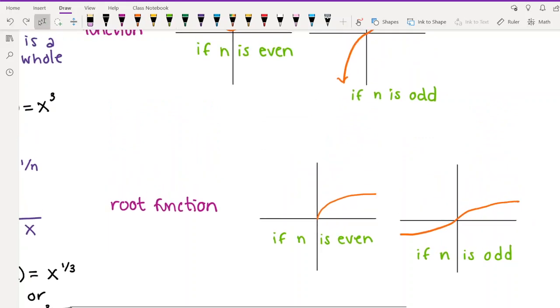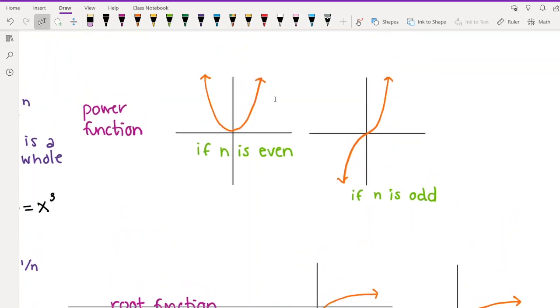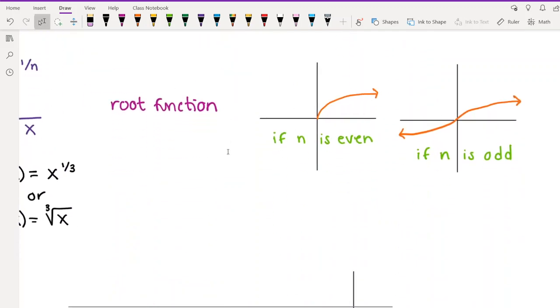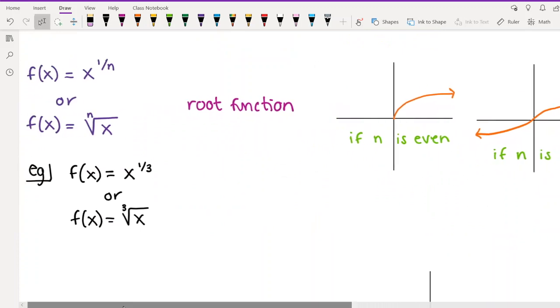Like I would expect you to be able to, like multiple choice, know what the graphs look like, the general shape for even and odd. The specific ones that I would want you to be extra familiar with would be the square root and the cube root. Just like how with the last one I said the two graphs I really want you to know are x squared and x cubed, similarly here, I would want you to know square root of x and cube root of x.